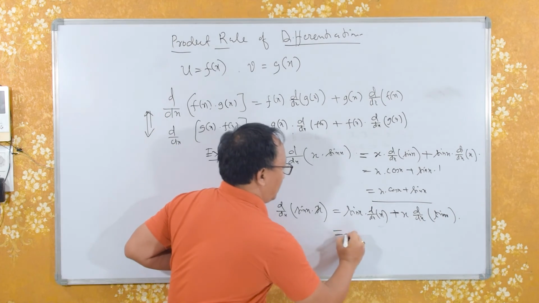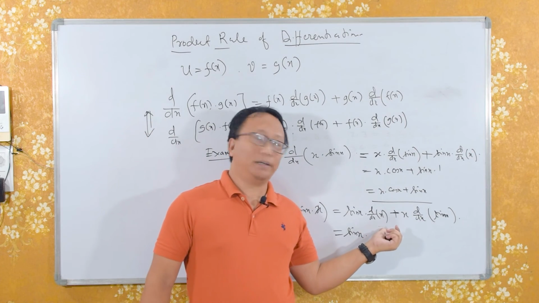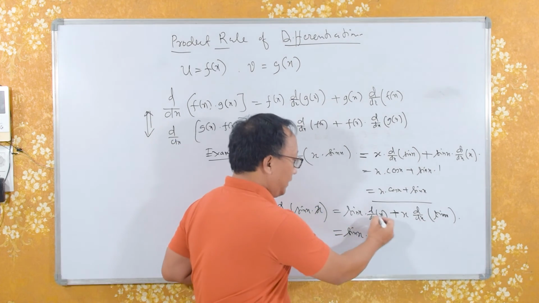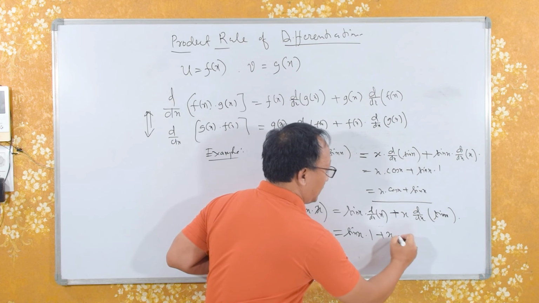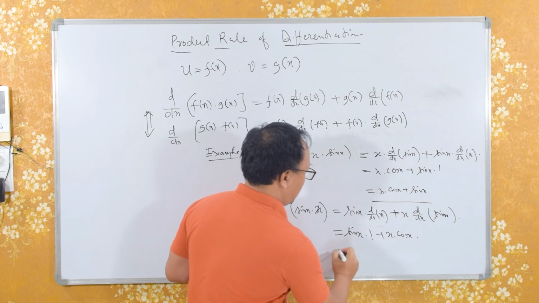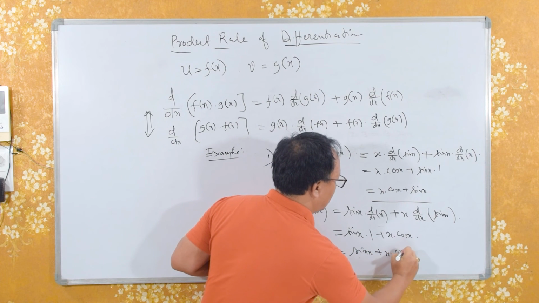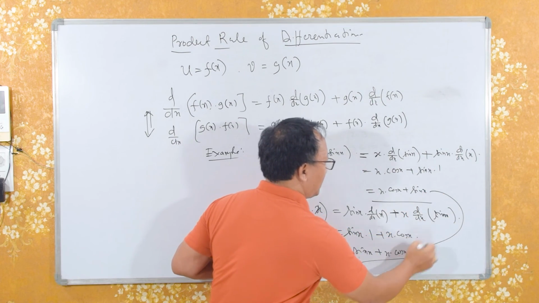Now we have sin x, dy dx of x is 1, and differentiation of sin x is cos x. So it is 1 plus x into cos x. Therefore, sin x plus x into cos x. So this answer is the same as the previous answer.